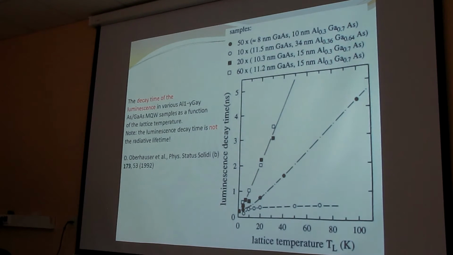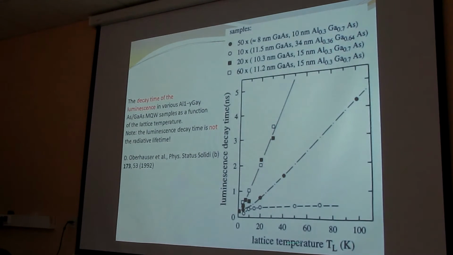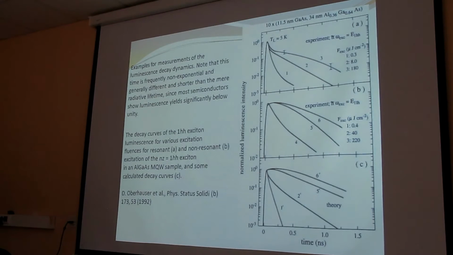What we measured here, for various samples as a function of temperature, is the luminescence decay time, and in some cases we had hardly any variation with temperature, or we had stronger variations with temperature. We measured also the luminescence yield, and we know that it is considerably below 1. And we even measured the time-resolved luminescence intensity.